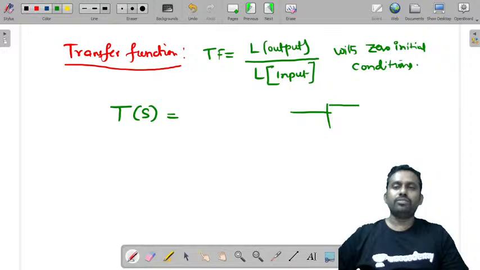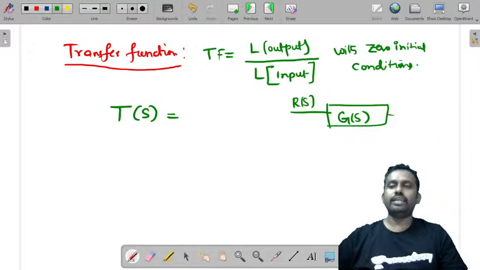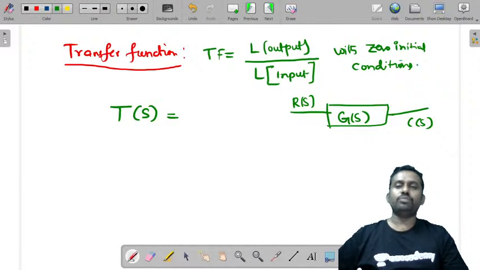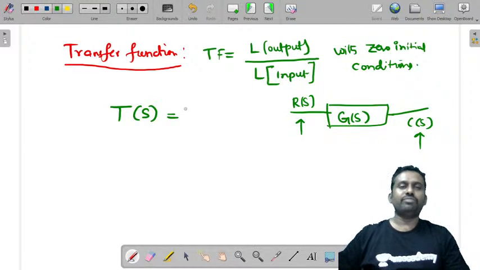Let us take an open loop control system which has G of S, with R of S as the input and C of S as the output. C of S is the Laplace transform of output, R of S is the Laplace transform of input. Therefore, what is the transfer function?